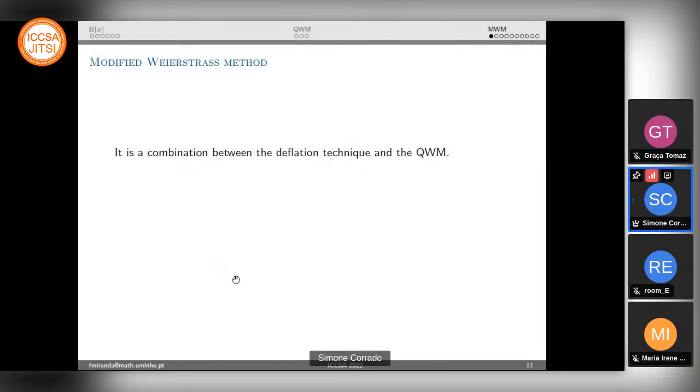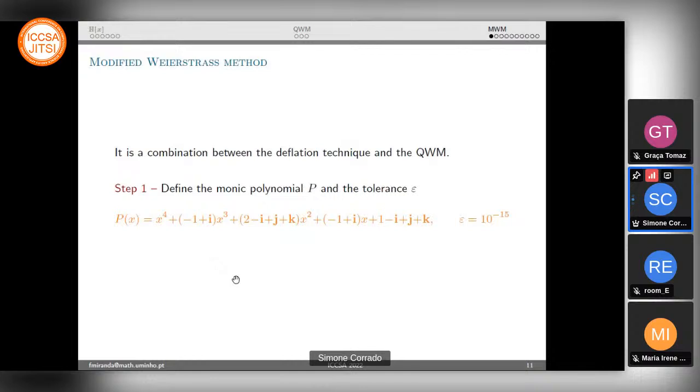Now I will describe the modified Weierstrass method, the algorithm. The first step is to define the monic polynomial P and a tolerance that we will use in the method. I will illustrate each step of this method with an example because I think in this way it is simpler to understand what we are doing.